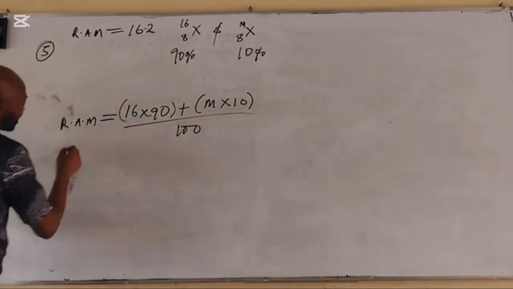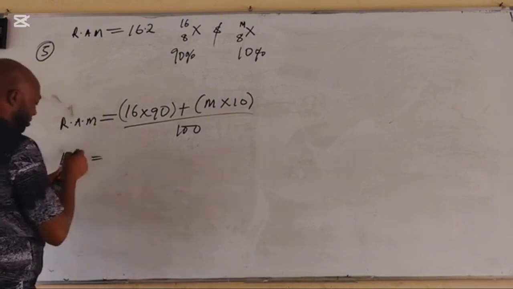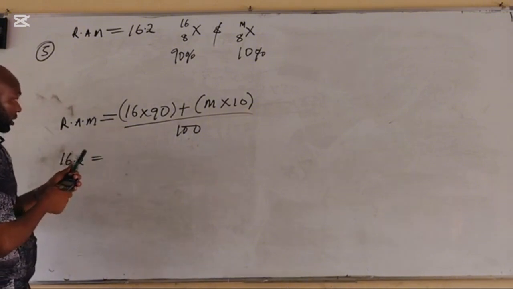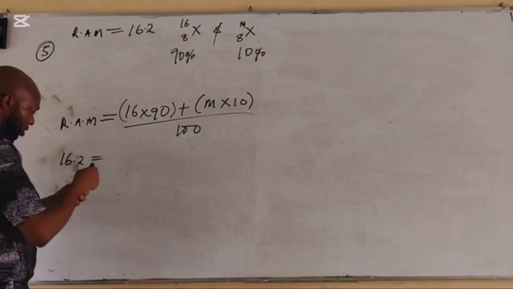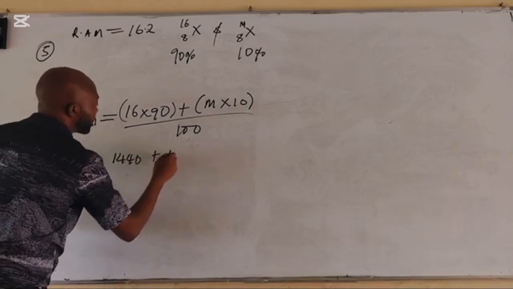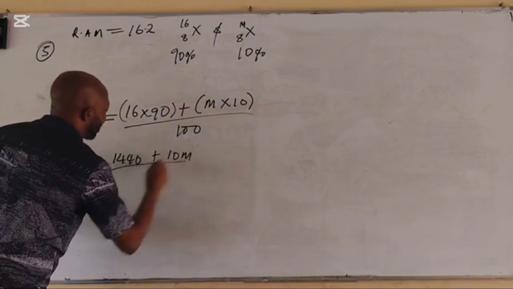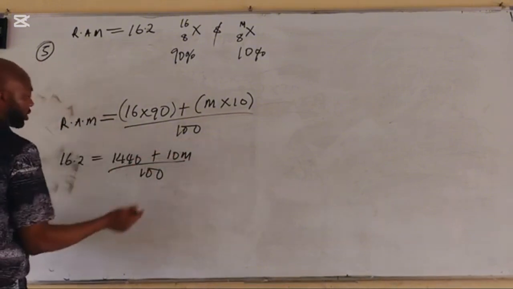So now our 16.2 is equal to, let me multiply now, 16 times 90, which is 1440, plus 10N, over 100. We cross multiply to make N the subject.